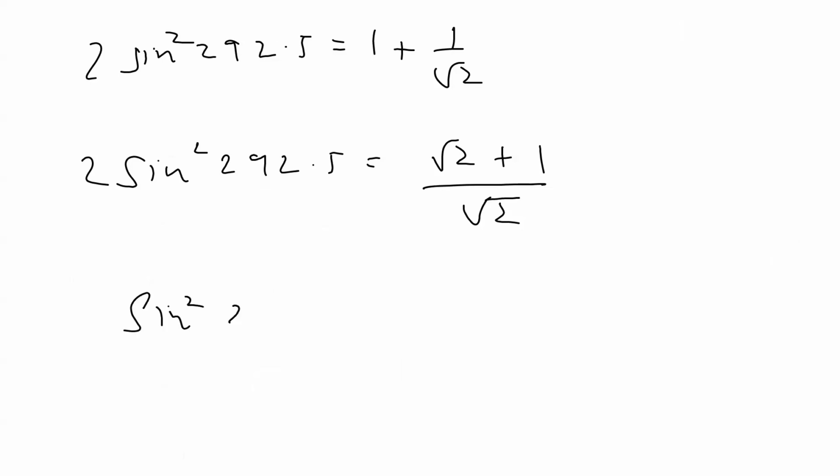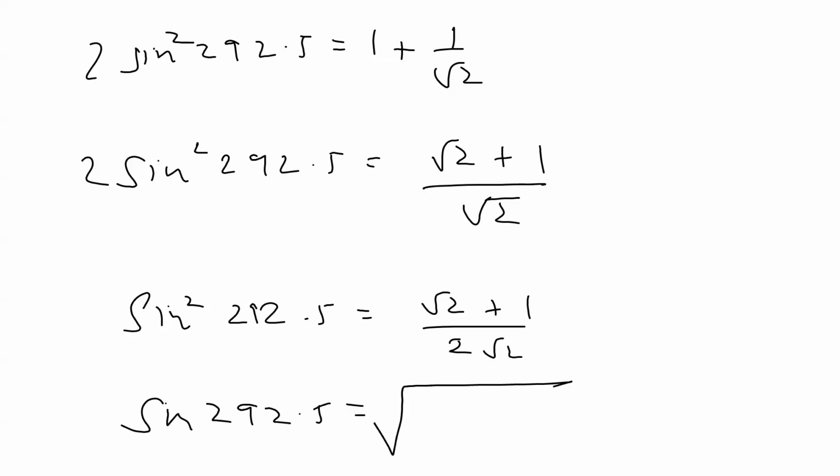So sine square 292.5 is equal to root 2 plus 1 upon 2 root 2. Okay. So sine 292.5 is the square root of this value. Fine. So just a second, I'm just checking the answer.